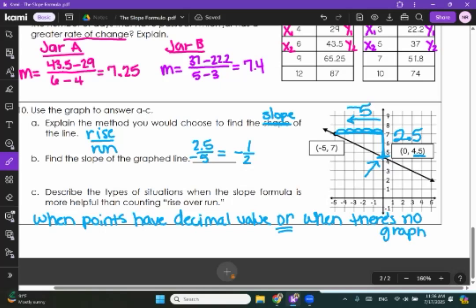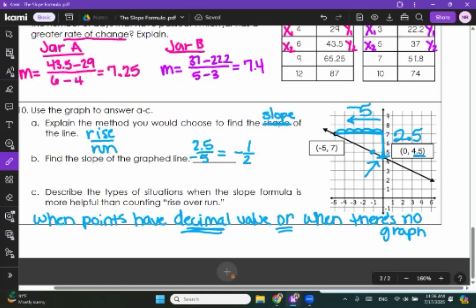If you don't have a provided graph, yes, you would use slope formula, or you use slope formula whenever there's a decimal value. It was okay to assume here just because they actually give us the point, but they won't always label those 2 points. So if it's not a good point, then don't use it.